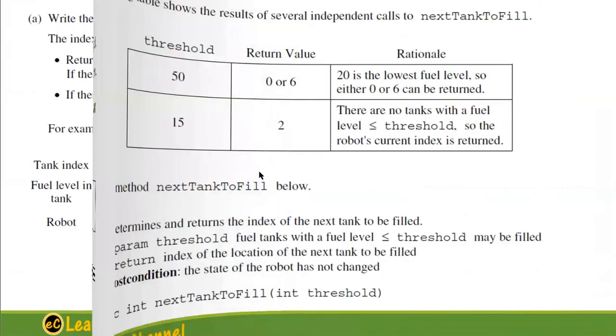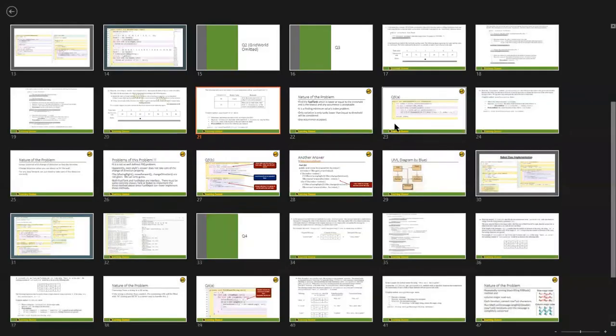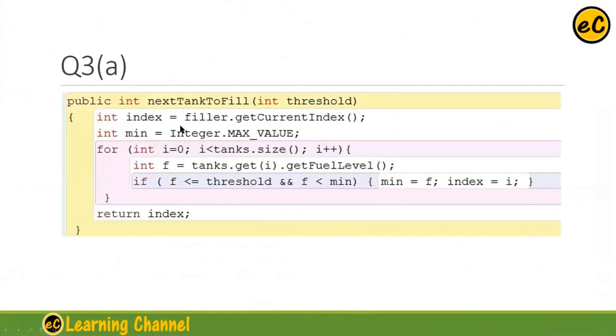Okay, look at the solution I provide here. Basically, I'm trying to traverse through the tank and get the fuel level, and if there is a value less than the current one, then I return that value and find the minimum one.